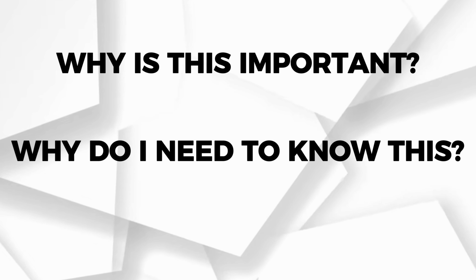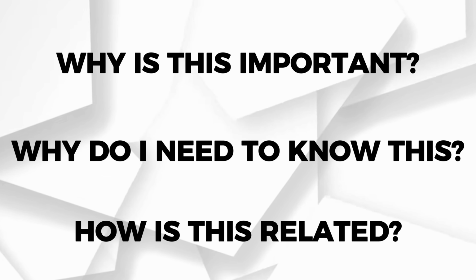Why do I need to know this? And how is it related to XYZ? These questions are so key. They are in and of themselves the key to creating relationships, which is all relational priority learning is. It's creating relationships between ideas to form stronger connections in the brain and retain information better.